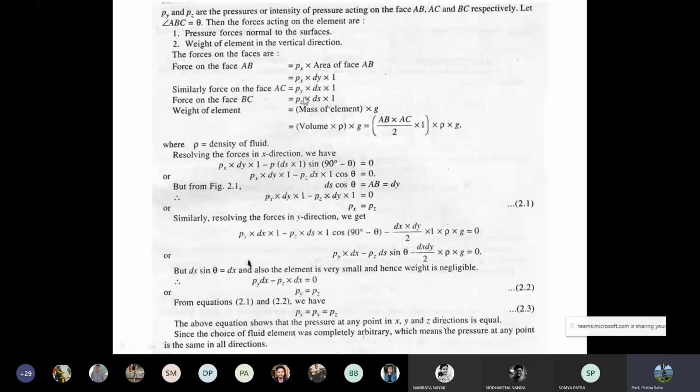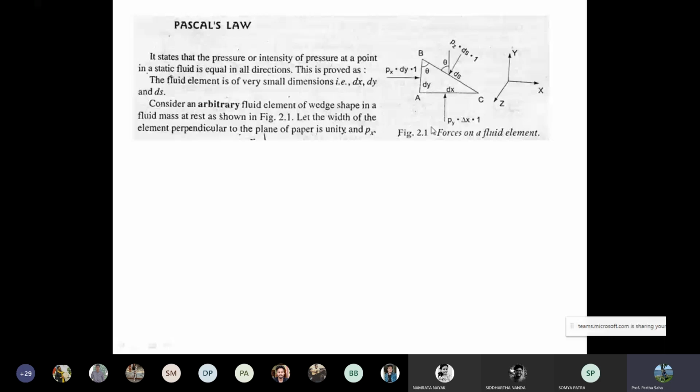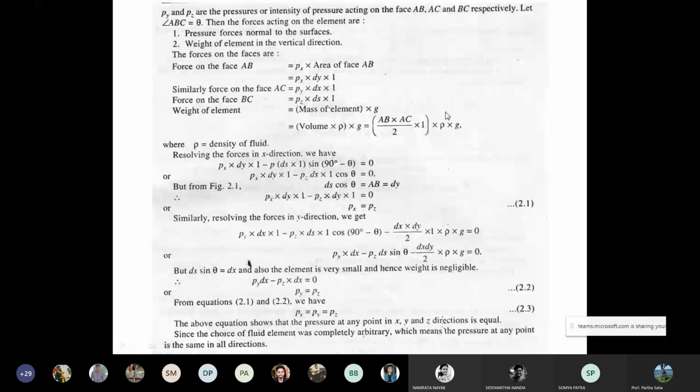Weight of the element is mass of element into g. Mass of element can be determined by volume of element and density into g. We are considering density rho, and the volume is AB into AC by 2 into 1, right? This is just like a formula we have calculated, because if you consider this as 90 degrees, this will be AB AC into 1 by 2. That is the area, and then 1 is the length of the edge, right?